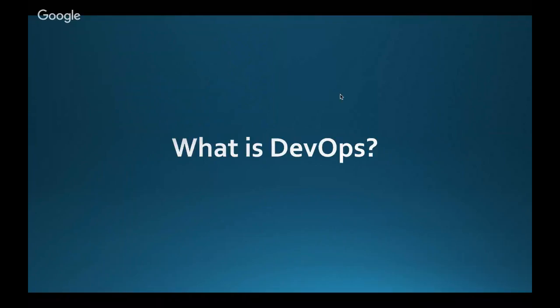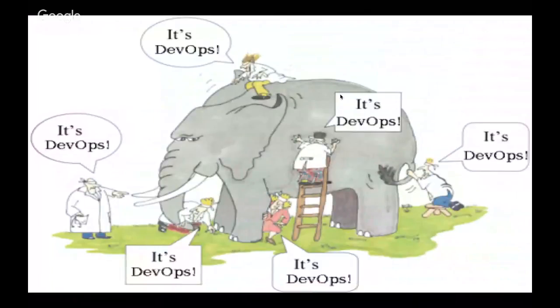So let's begin with today's webinar, that is DevOps for beginners. Let's try to figure out the answer to what is DevOps. I have a sketch in front of me, and you can see there are different people holding different parts of an elephant, but all of them have their eyes tied, and they cannot figure out what exactly the thing is which they are looking at.